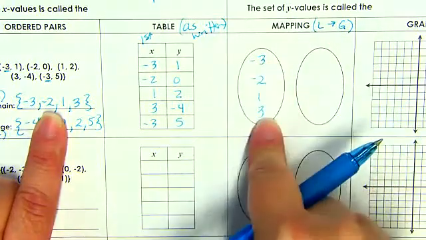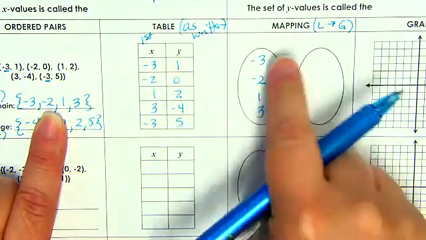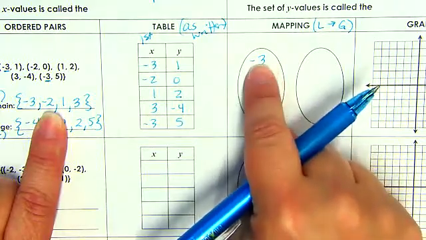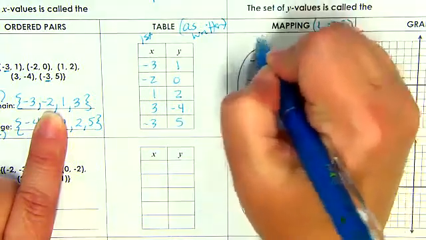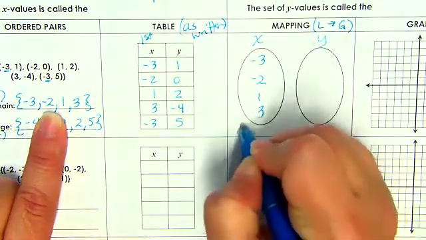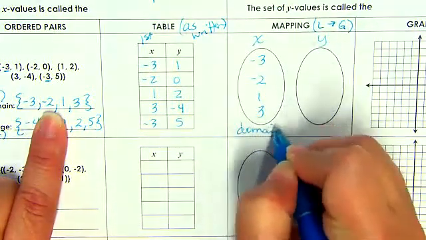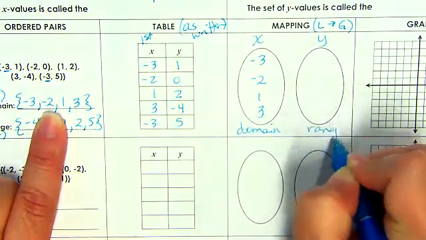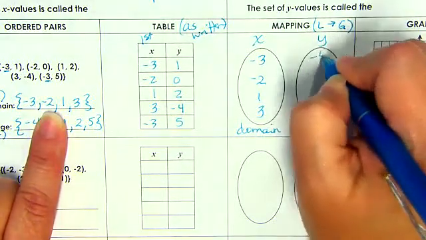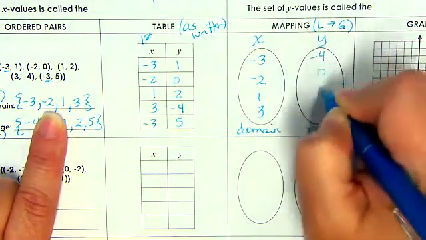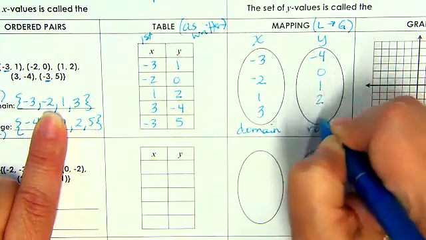Notice I only wrote the 4 values because the -3 is repeated. And now I list my range. This is the domain, this is the range. And now I list the Y values in order from least to greatest. So I have -4, 0, 1, 2, 5.